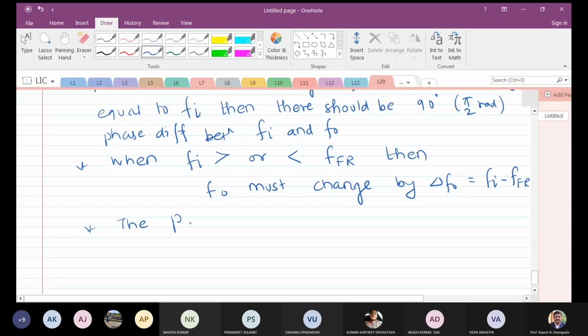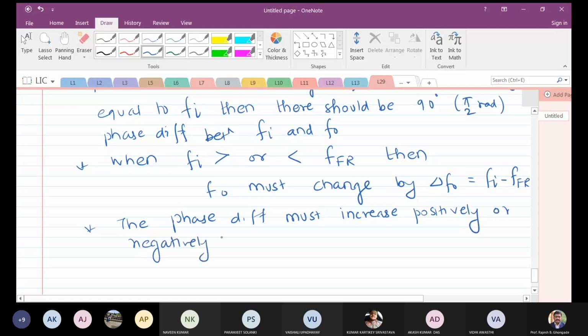The phase difference must increase positively or negatively to produce the necessary change in output frequency.